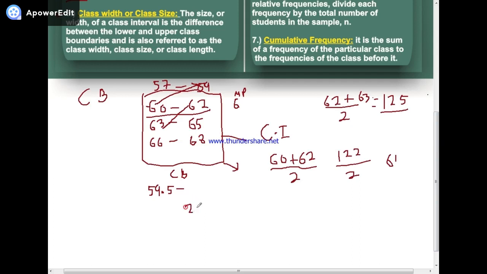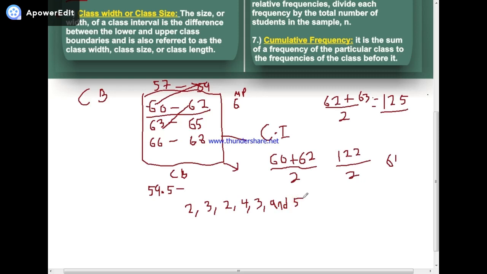Let's say these are the given data: 2, 3, 2, 4, 3, and 5, and then 5, and 5.